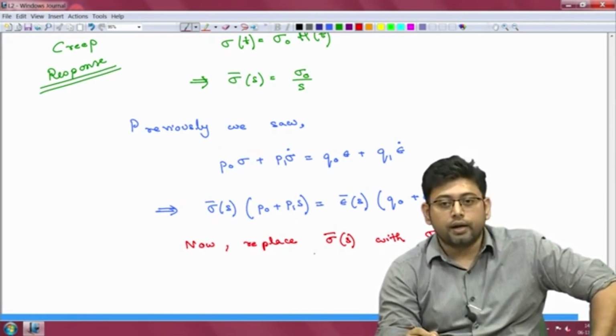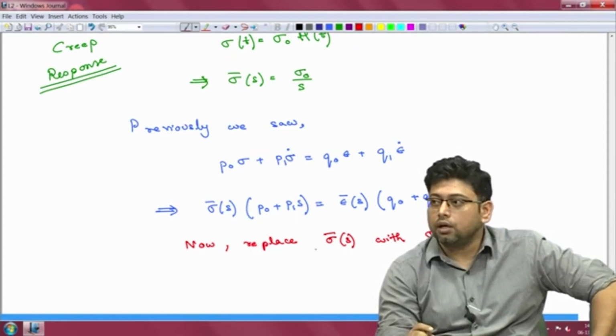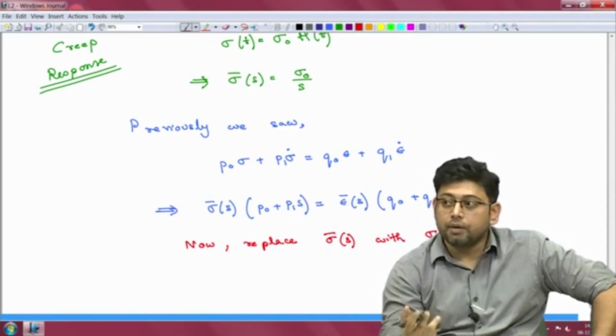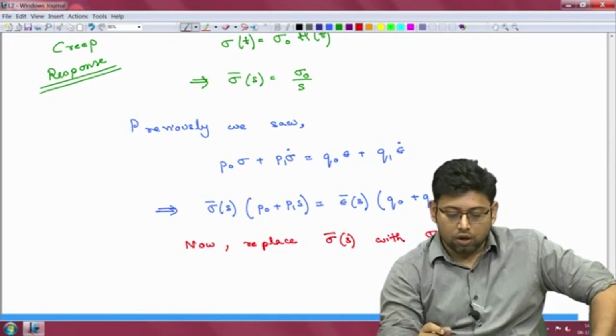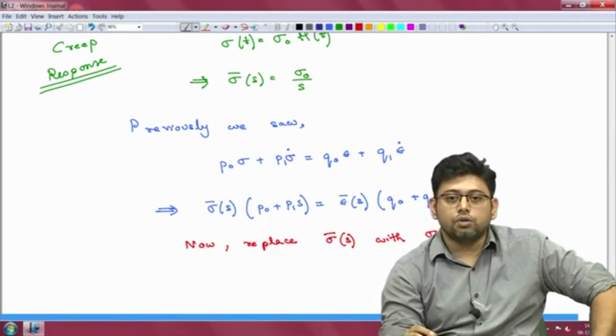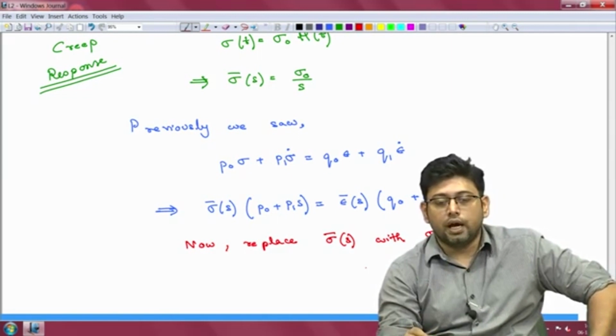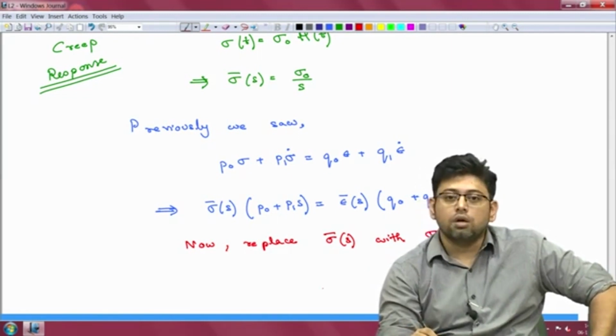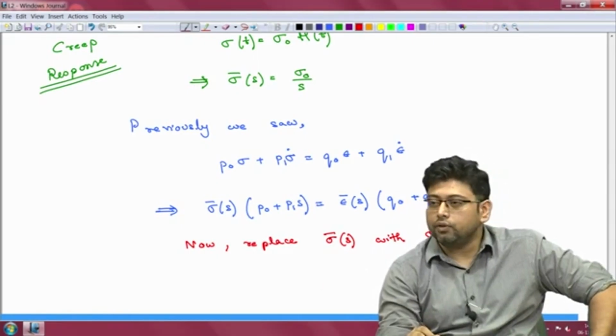Now, instead of solving for the stress relaxation function, you are going to solve for the creep function, right. I would like you to convince yourself that the system response is still in line with the idea of a viscoelastic solid.